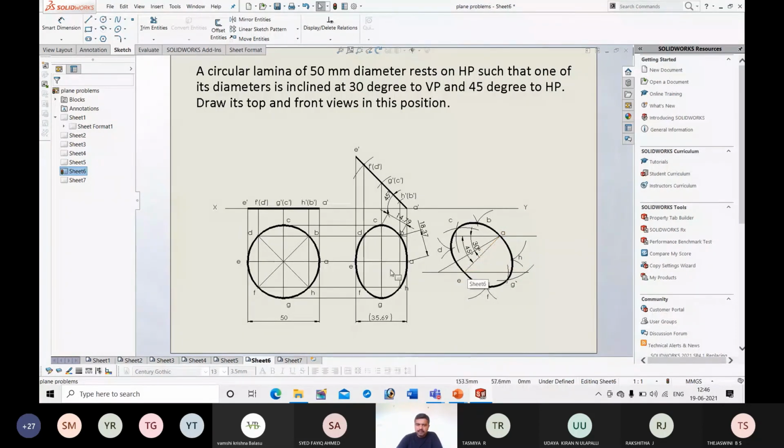Next, if you know points A and E, using a compass you can get point C. I did the same procedure and got C. Similarly, if you know E and A, you can get G. Next, if you know A and C, you can get point B, again using a compass. Take the radial distance, cut an arc and get the point. Similarly, you can get D, F, and H.